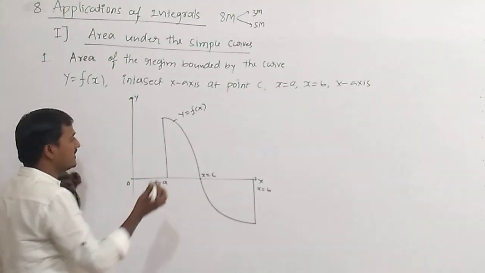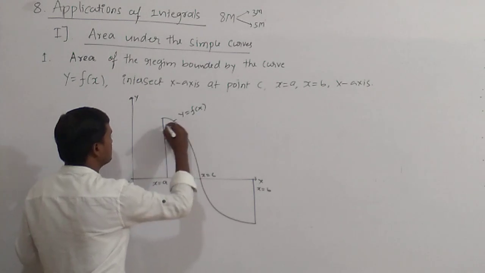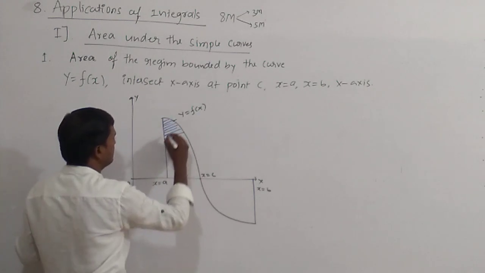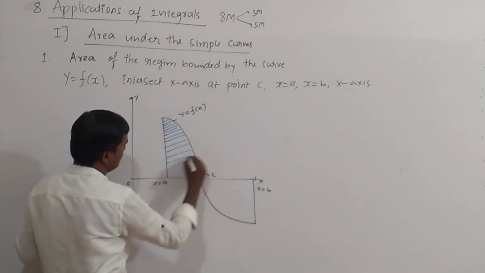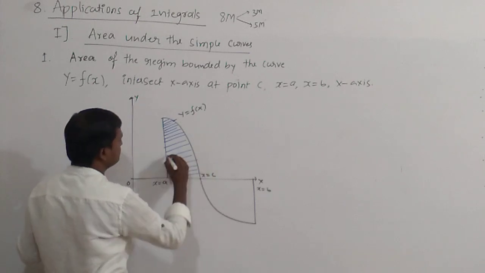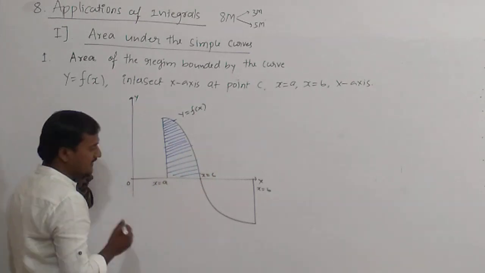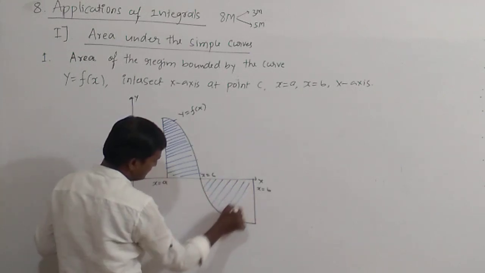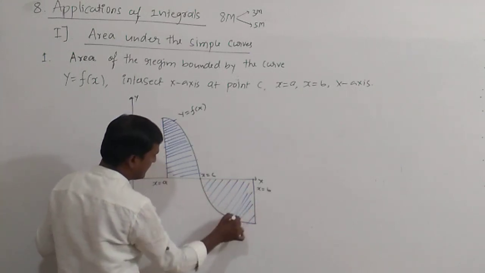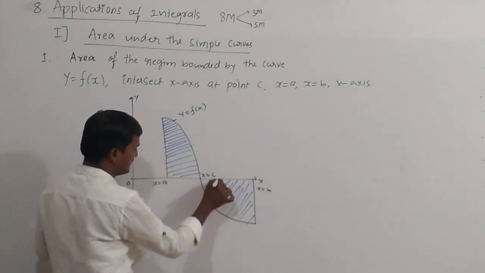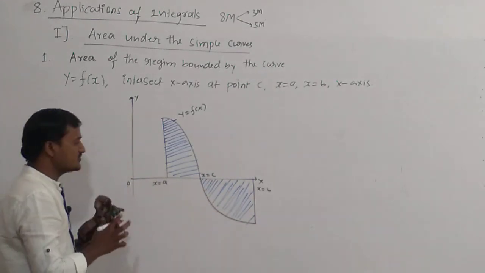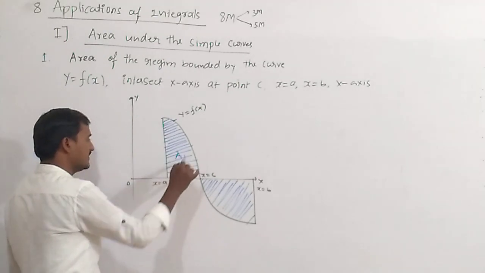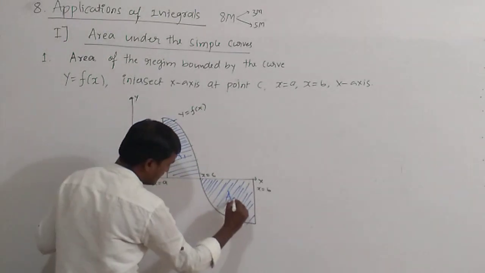Suppose you want to find areas like this, and also this area, right? So here you should observe the required area, that is a1 and a2.